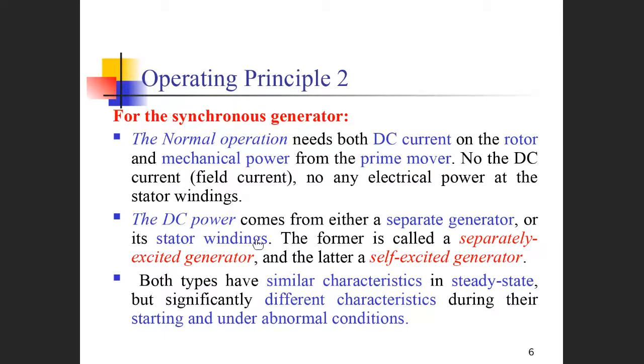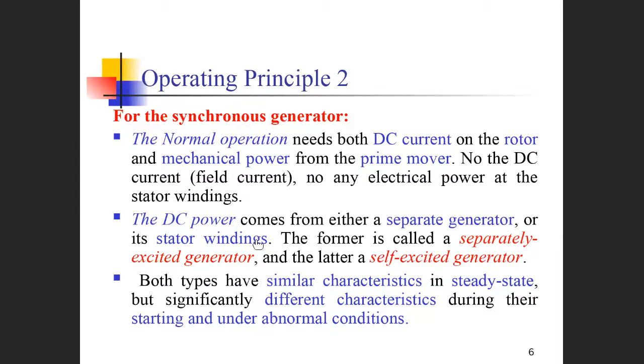Based on the source of the DC power, we have two types of generators. If the DC power comes from the generator itself, we call it a self-excited generator.